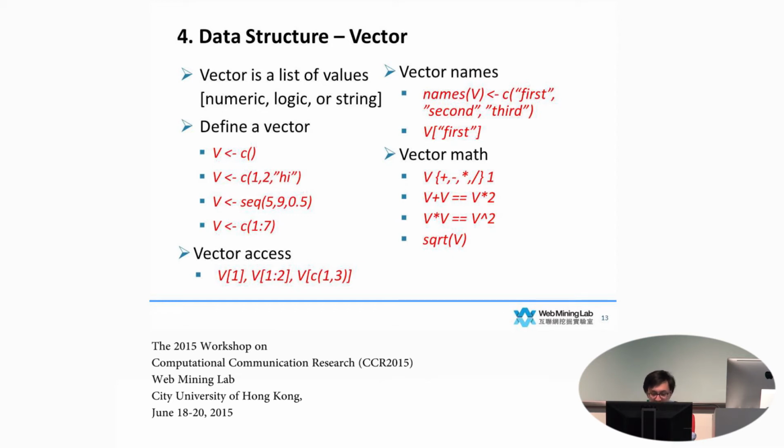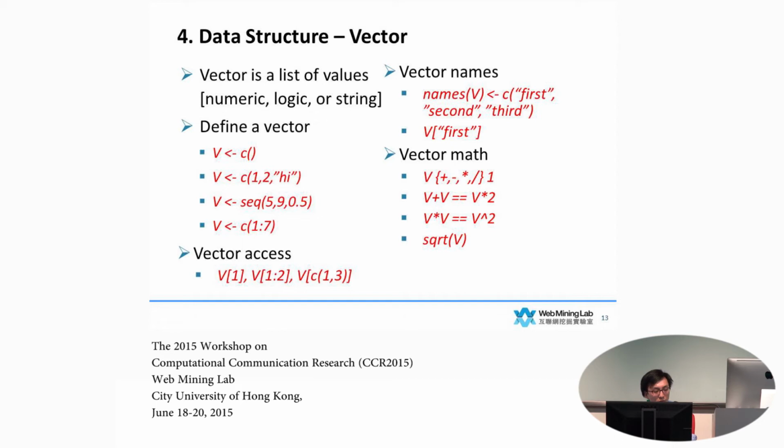We have to loop over each I in V. We should do this in this way: for I in V, print I times 2.